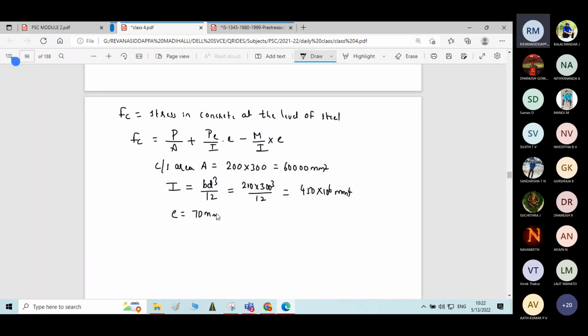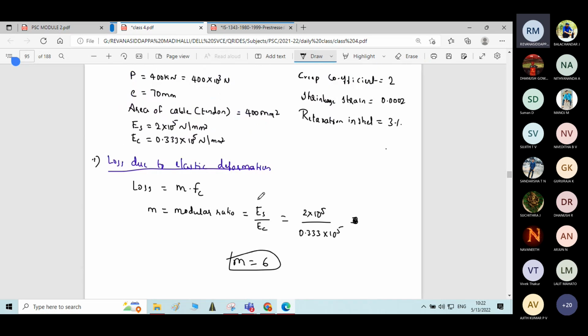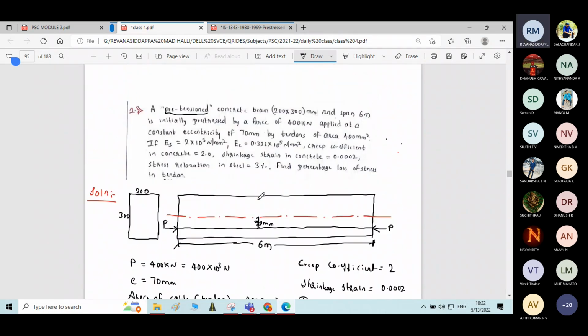Then what else is needed? We need the value of M, moment due to live load and the dead load. See here, the load on the beam is not given. Is it given? Nowhere is the external load given. Pre-stressing force is given, but the live load that is acting on the beam is not given. Correct?